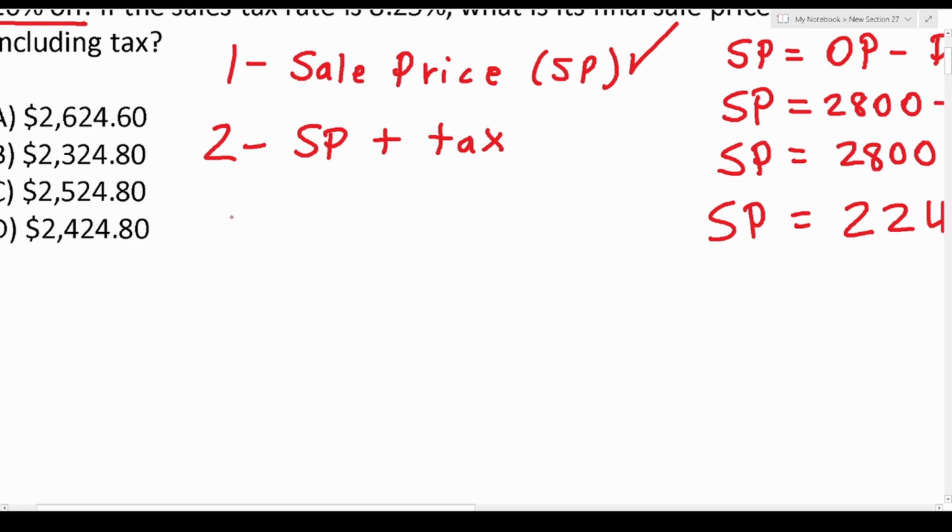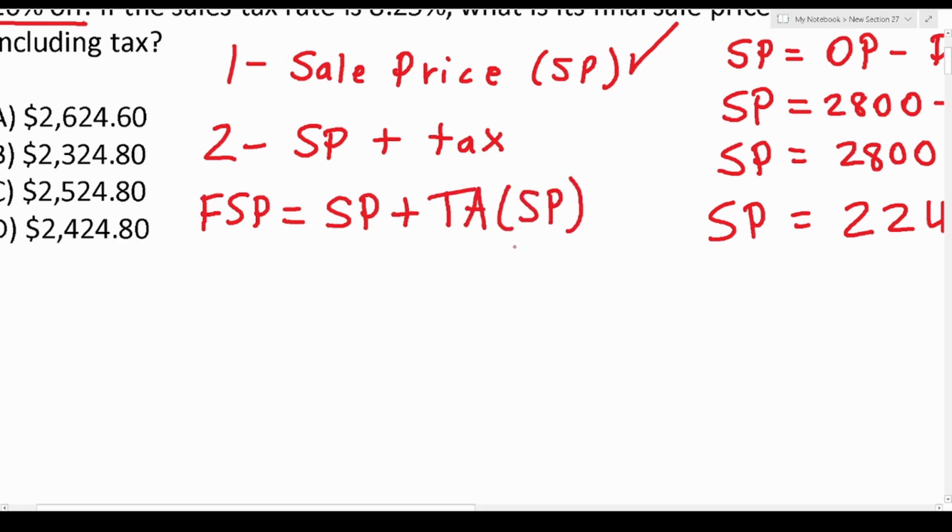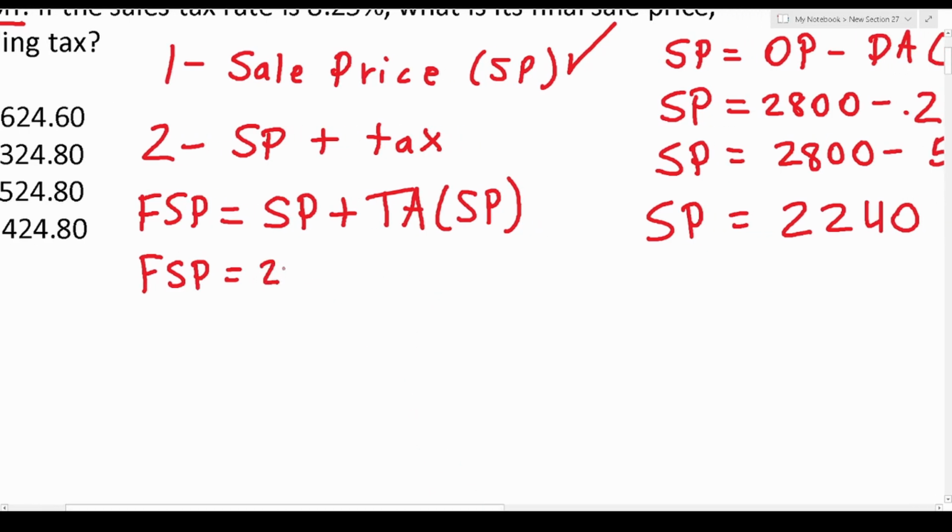So to find the final sales price, which I'm going to call FSP, we're going to take the sales price and then we're going to add the tax amount times the sales price. Okay? And we have all this information. Again, this final sales price is going to be the sales price, which is this $22.40 over here, plus the tax amount.